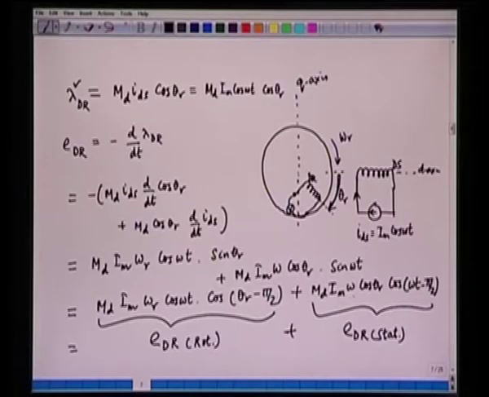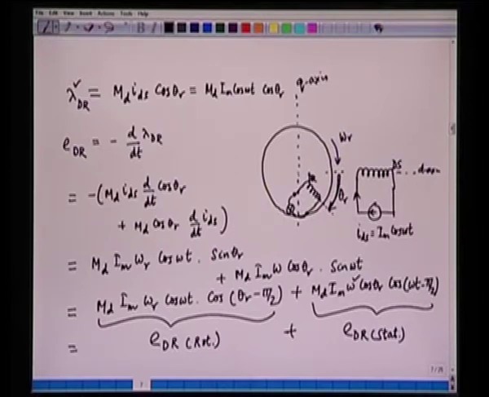So that EMF is coming because of the rotation. The statically induced EMF is a function of the frequency. Omega here is the electrical frequency of the current. If the frequency of the applied current is equal to 0, this component will be equal to 0. So this is the statically induced EMF, because this is induced because of the coupling between the rotor and the stator.